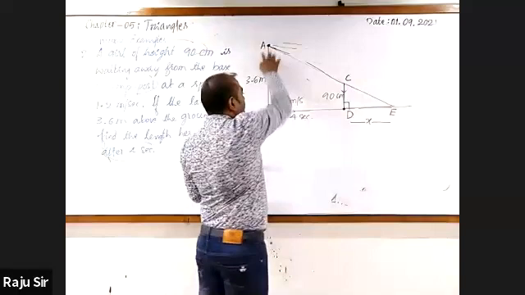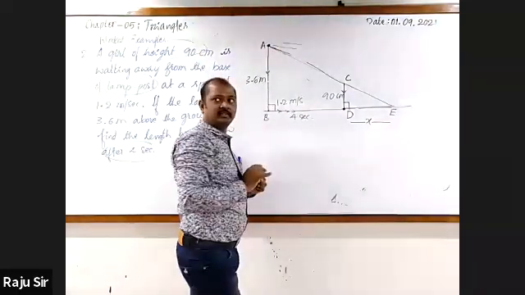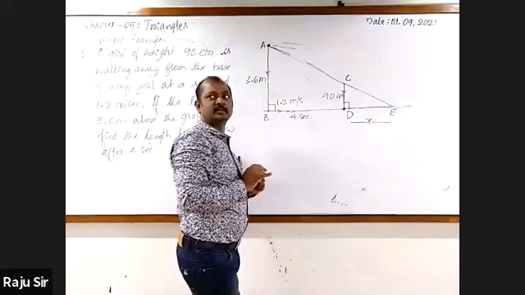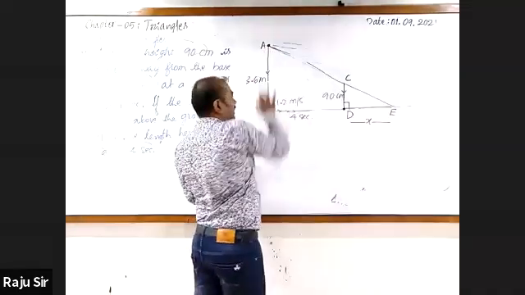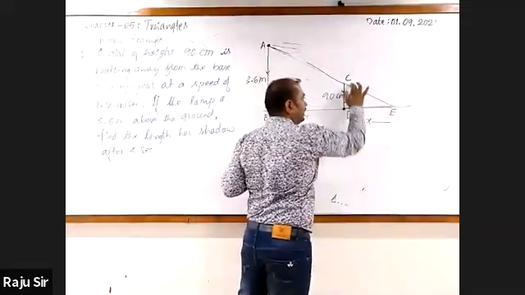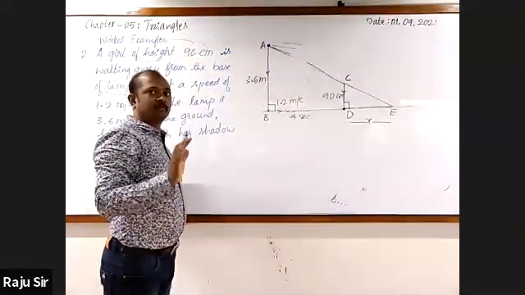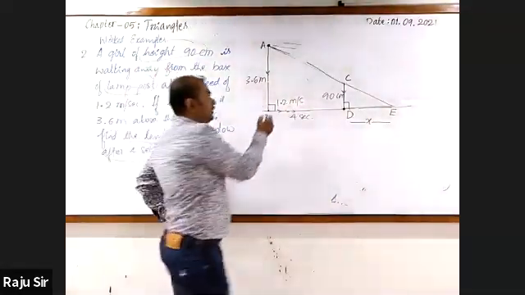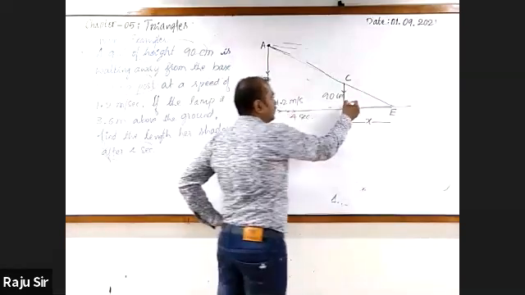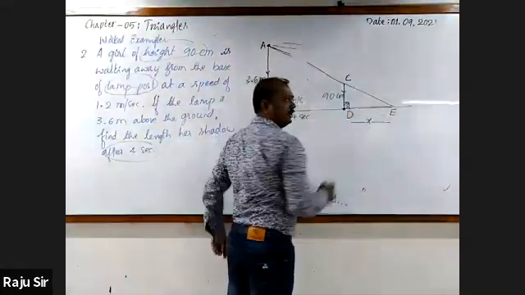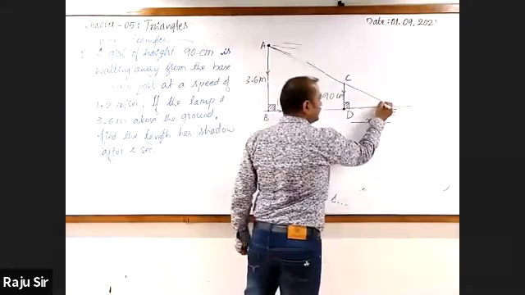Now, we have two triangles, right? What are those? ABE and CDE. Two triangles are there. In this, angle B is equal to angle D. What do you say about angle E?